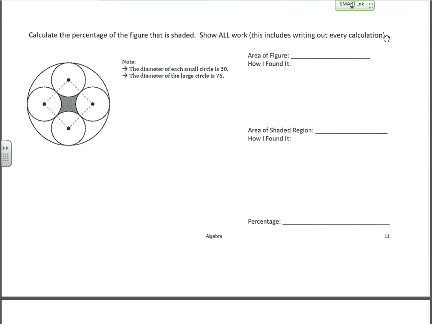Shaded area. You're looking for the area of the entire figure, which is the large circle. The diameter of that large circle is 75. The diameter of each small circle is 30. So the whole figure is the large circle there, and then the shaded area is the gray section inside.